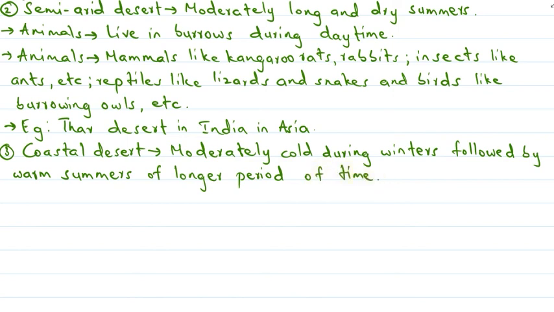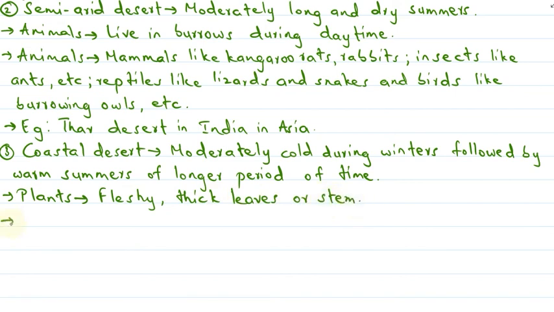Okay, so the plants that grow in this region, they have fleshy and thick leaves or stem. Then the most common animals that can be found in coastal deserts are mammals. Amphibians can also be found here.